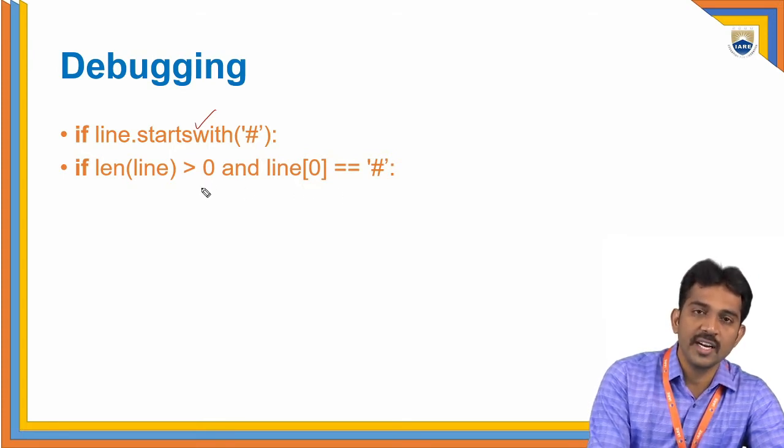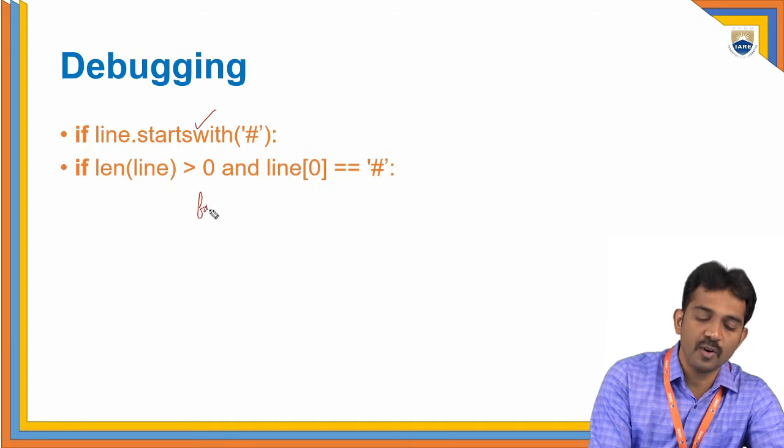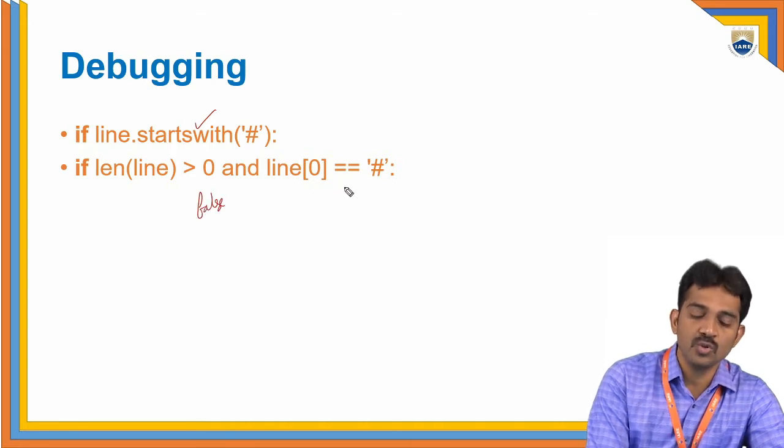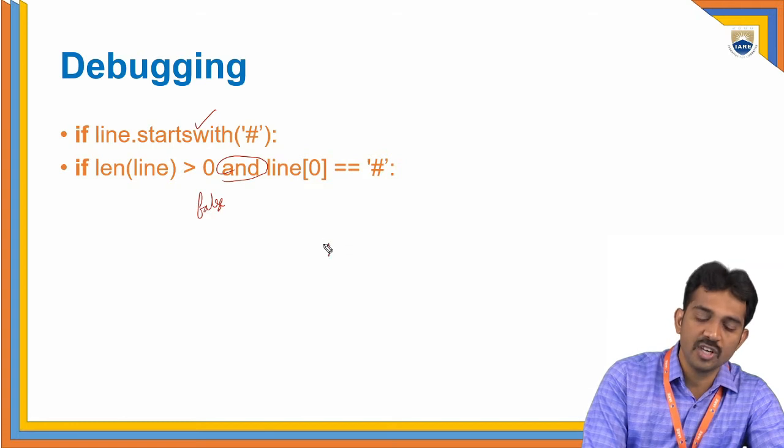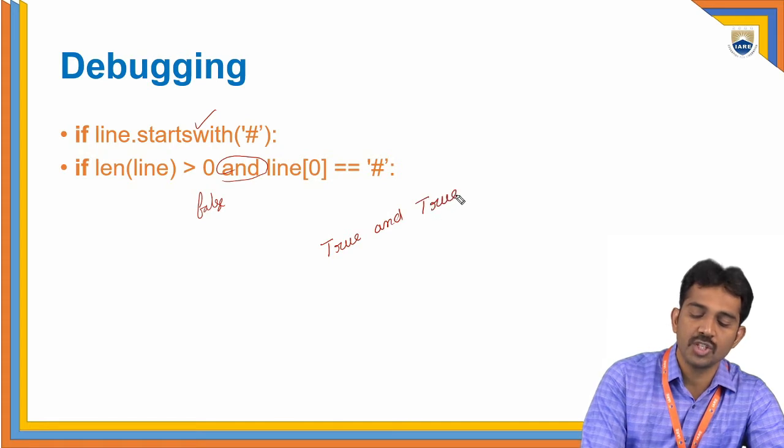If the length condition is false, the interpreter doesn't go to this side. The reason is that here you are using the AND operator. We already discussed the AND operator. AND means if both statements are true, then only the condition is true.